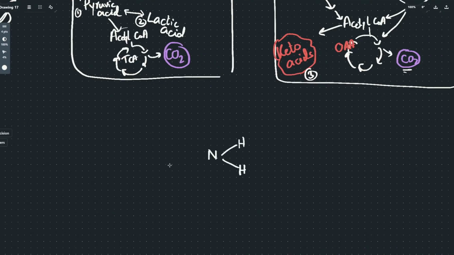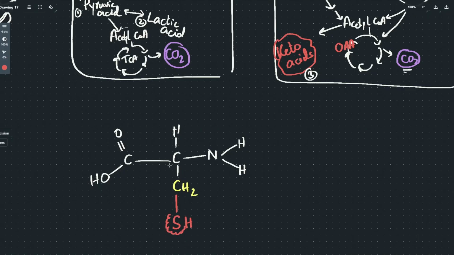I am drawing an amino acid for you: NH2, CH, and C double bond O, OH. Now here is the side chain of this amino acid, with CH2, and then something very interesting here. This is S, along with H.